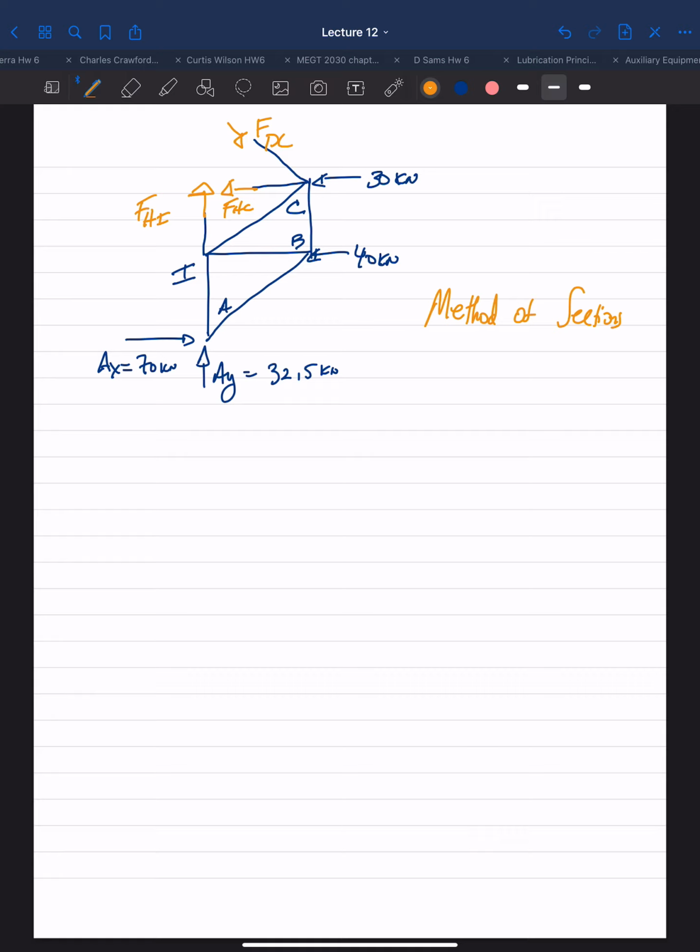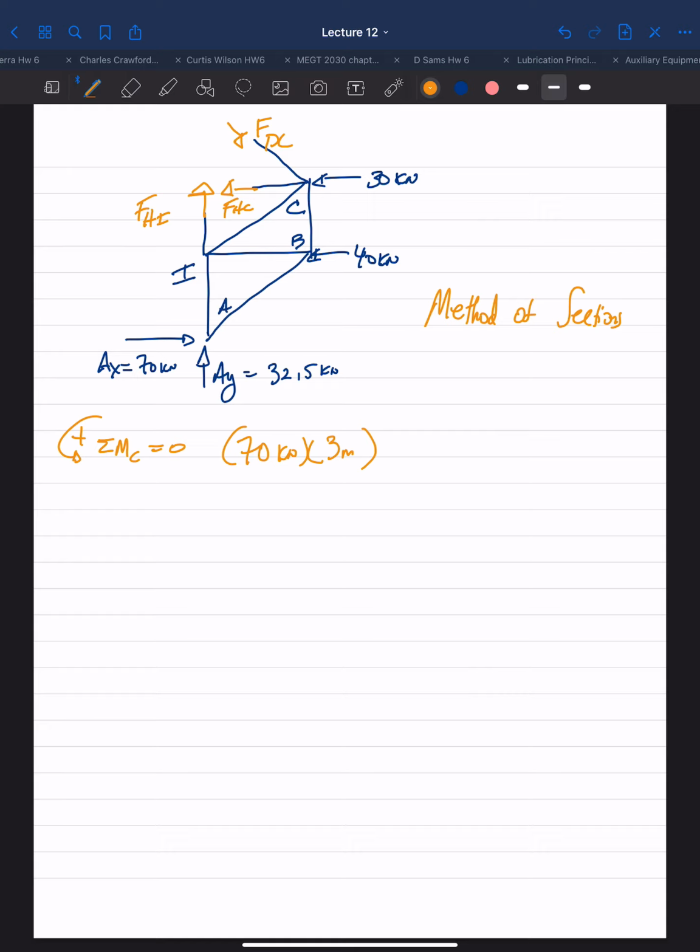So then if I take the sum of my moments about point C, we can ignore FHC and FDC because they go through point C, which will allow us to solve for FHI. So sum of moments about point C, your AX creates a counterclockwise positive, perpendicular distance being 3 meters.